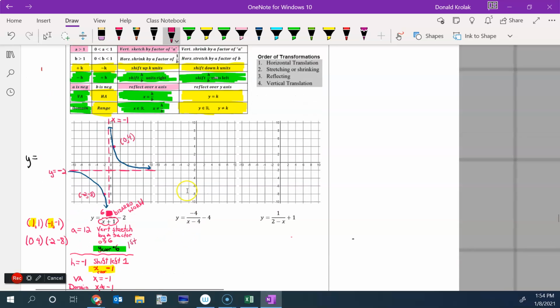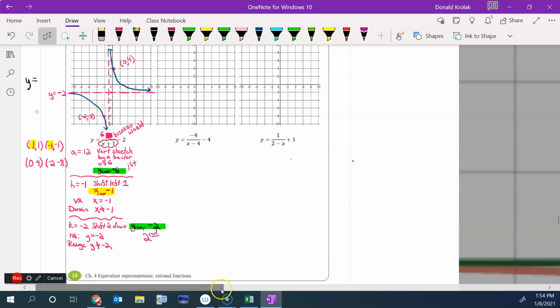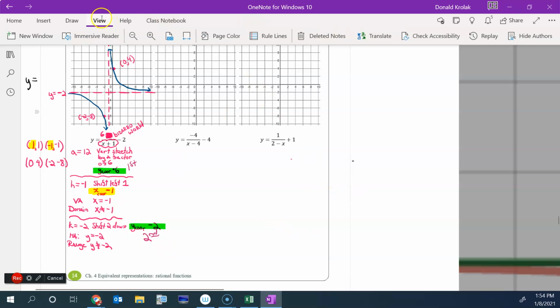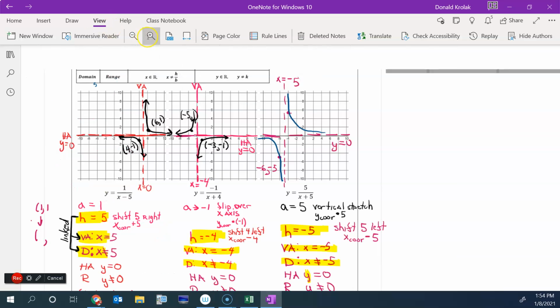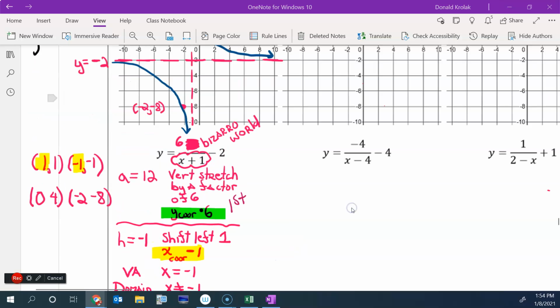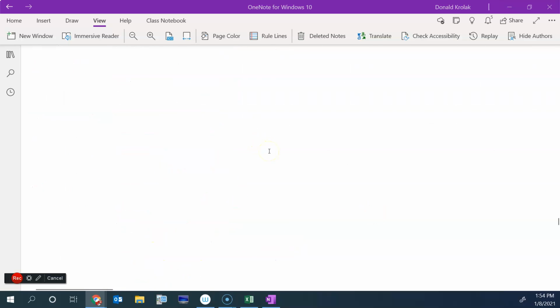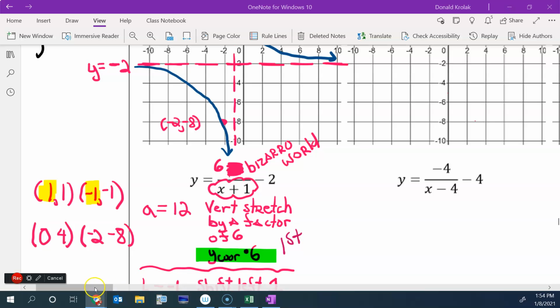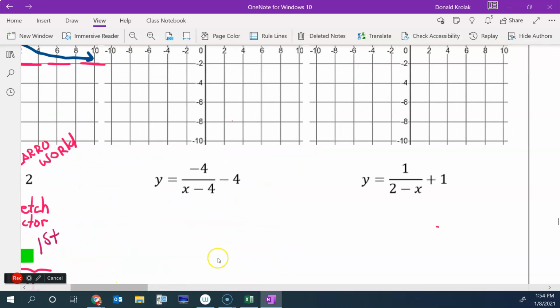All right. So our next one here, there's actually 4 things that are happening to it. Here you've got an A value that's a negative number. So that ends up doing 2 things to the graph.